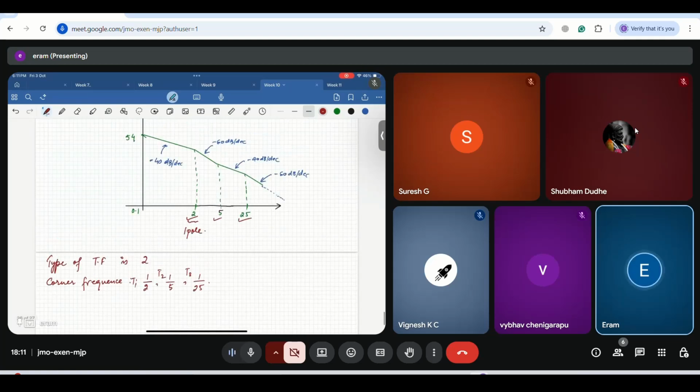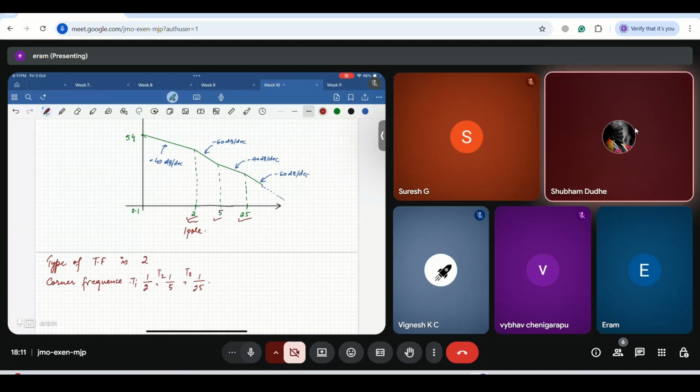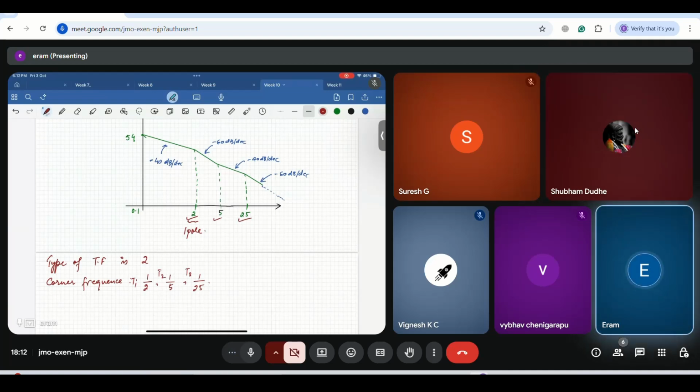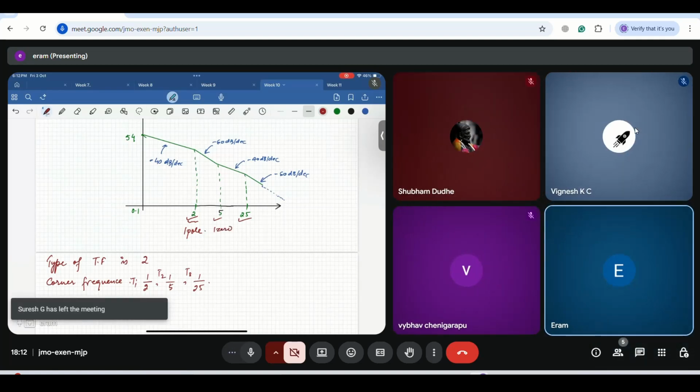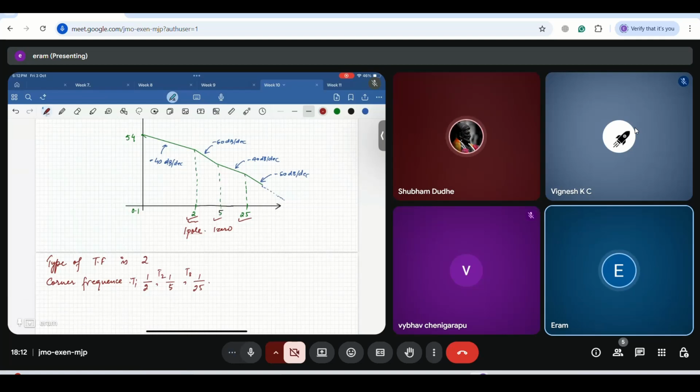What about omega equals 5? Zero. There is an addition of plus 20 dB per decade, so there is one zero. And similarly at omega equals 25, we have an addition of one pole.